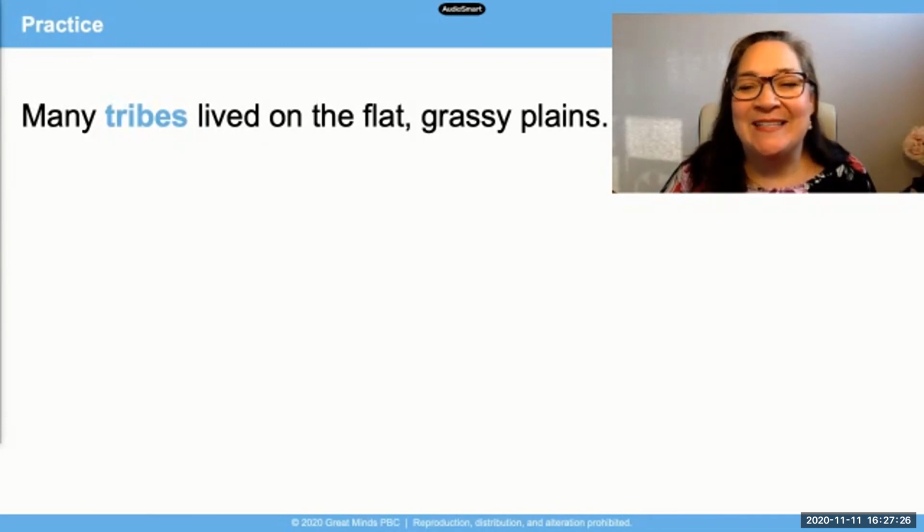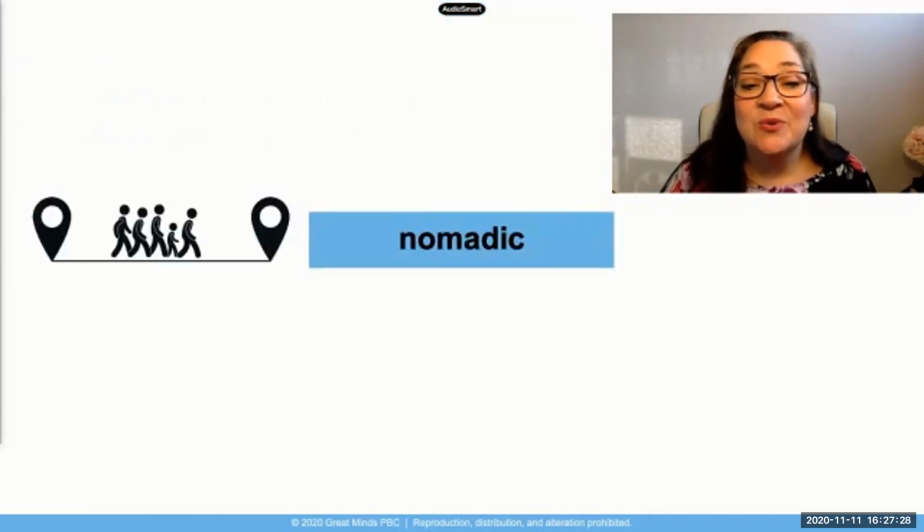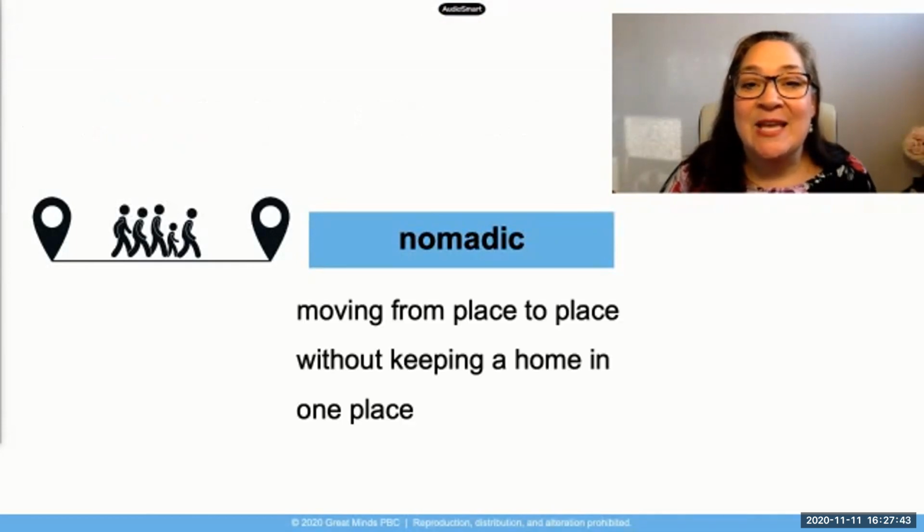Thank you for trying. Our next word is nomadic. I'm looking at the icon and I'm noticing that the people are walking from one place to another. Let's look at the definition. Nomadic. Please say that word. Great.